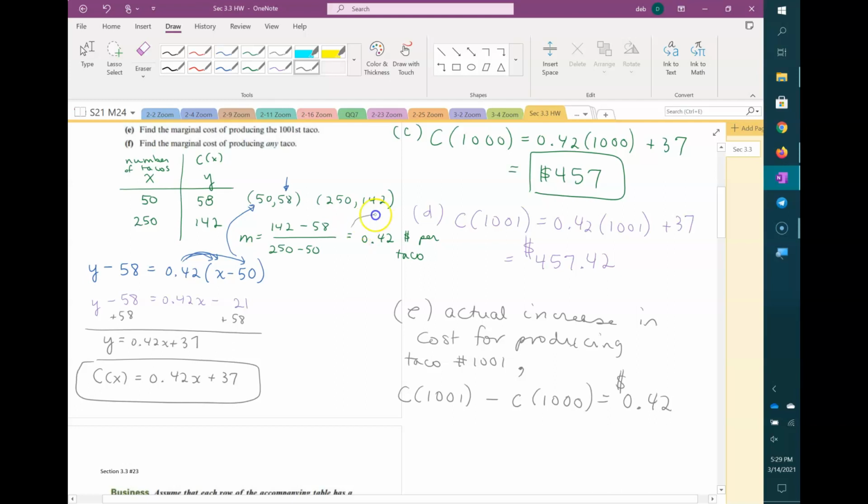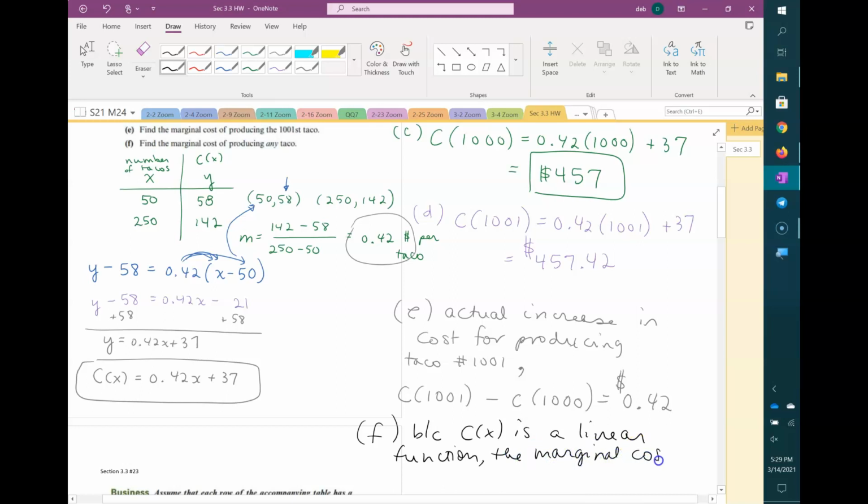And look at what our slope is. It's the same because it's a linear function. So in fact, because C of x is a linear function, the marginal cost is the slope.